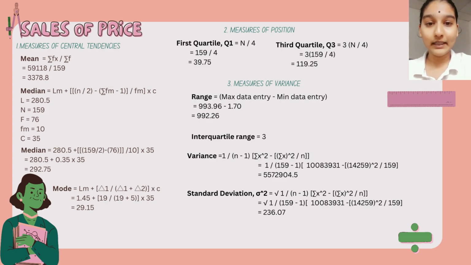The third quartile is 119.25. Last but not least, for the sales price, the measures of variation are: range 992.26, interquartile range 3, variance 5572904.5, and the standard deviation is 236.07.